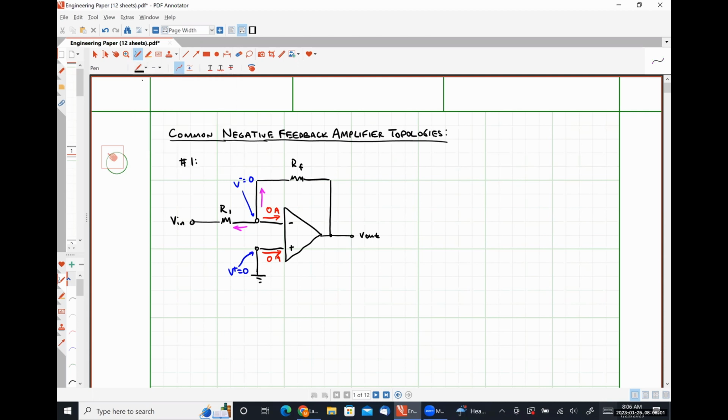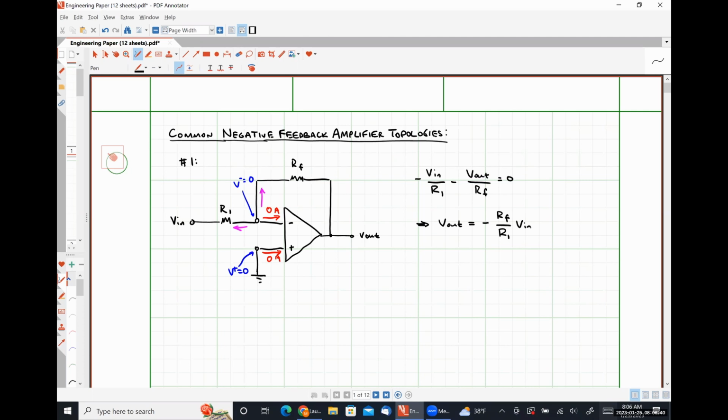So that KCL equation is going to look like (0 - Vn)/R1, so negative Vn over R1, plus (0 - Vout)/RF, equal to 0. And with a small amount of algebra, we find that our output voltage is negative RF over R1 times our input voltage.